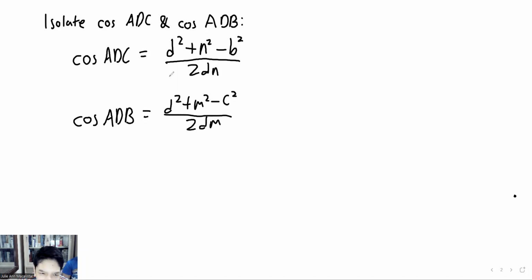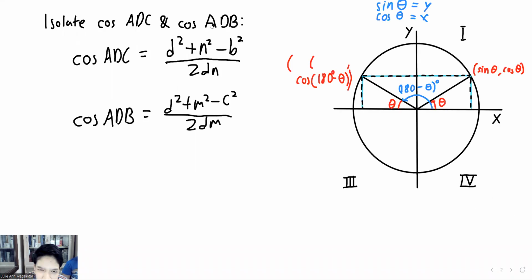Okay, so what do we do now? We've reached a dead end. Okay, so we can see in this figure that sine theta is the y coordinate on the unit circle, and cosine theta is the x coordinate on the unit circle.